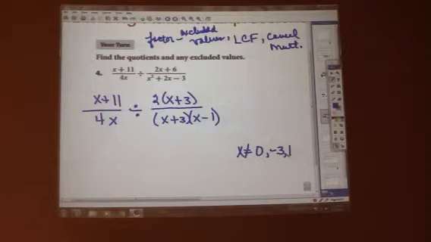Now we're going to leave, change, flip. We're going to leave our first fraction just like it is. Change to multiplication. Flip the second one.